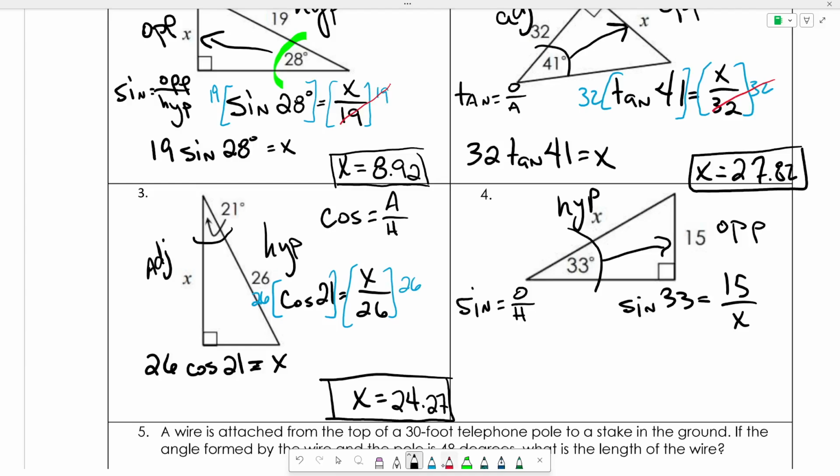There are a couple of different ways we can do these. We're going to continue with the same way we've been doing these. We're going to multiply both sides, in this case by x. So I now have x times sine of 33 is equal to 15, because on the right hand side the x's will multiply and give us 1, because they're inverses of each other.